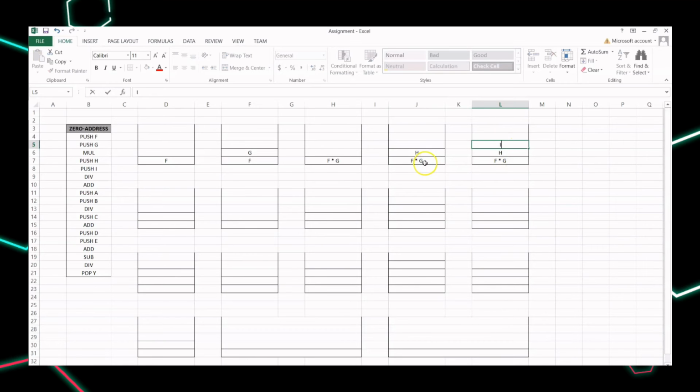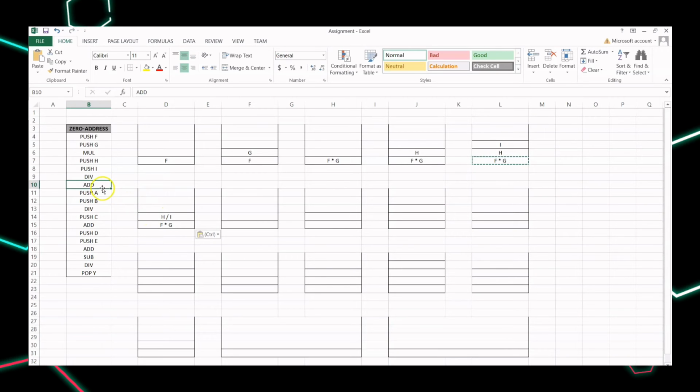Now we start having a division. Like what we just said, divide is the divide of these two. So H divide I, and then the bottom part still remains the same. Now maybe some of you will be confused. We have an addition again.